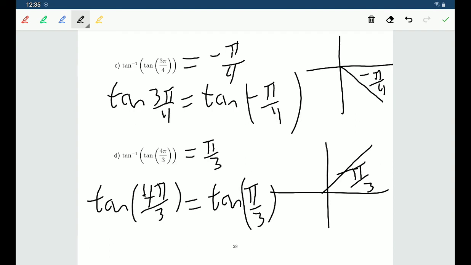And that's because it gives you the same value for tangent, but it's in quadrant 1, which is part of that restricted domain for tangent, or the range of tangent inverse.